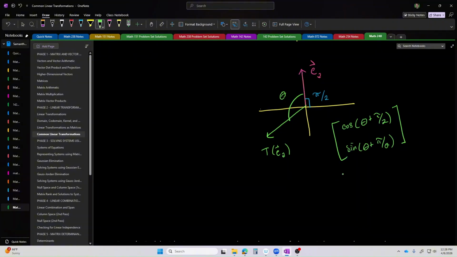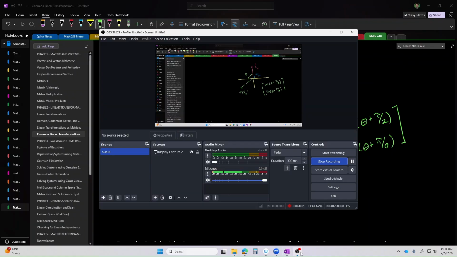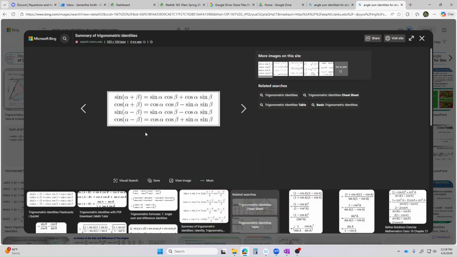So for example, you could use the angle sum identity for sine and cosine to clean this up a little bit. If you don't remember the sum identities for sine and cosine, I don't blame you, but we can just look them up. So for example, the ones that I'm thinking about using are these first two here given in this picture, where it says cosine of alpha plus beta is equal to cosine alpha cosine beta minus sine alpha sine beta.